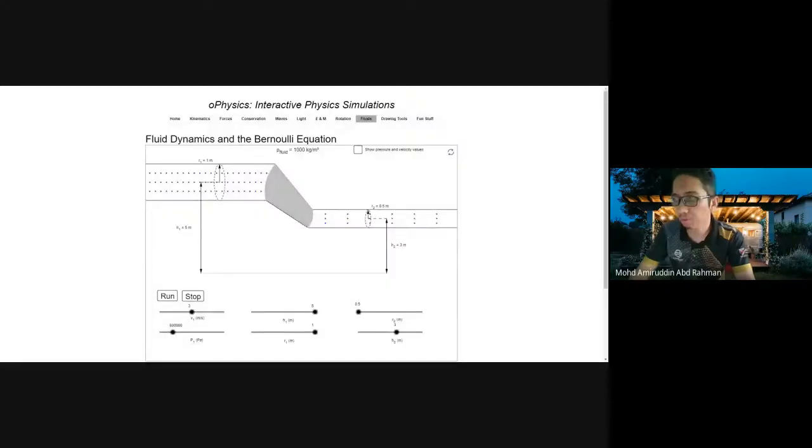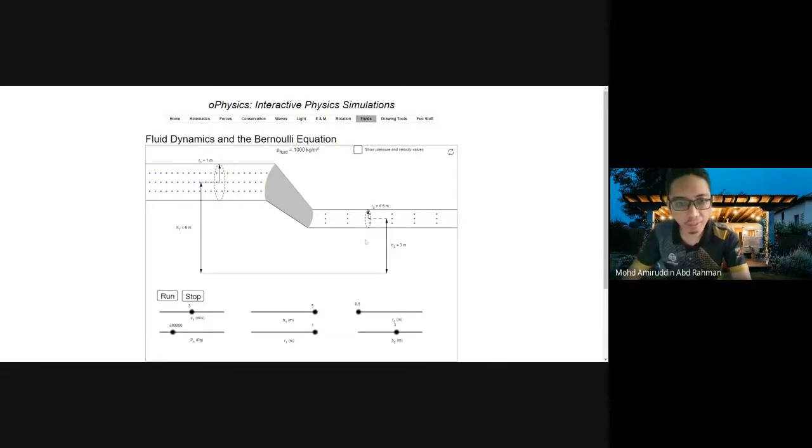So we look at the first question. Basically, you need to use the Bernoulli equation to solve this.